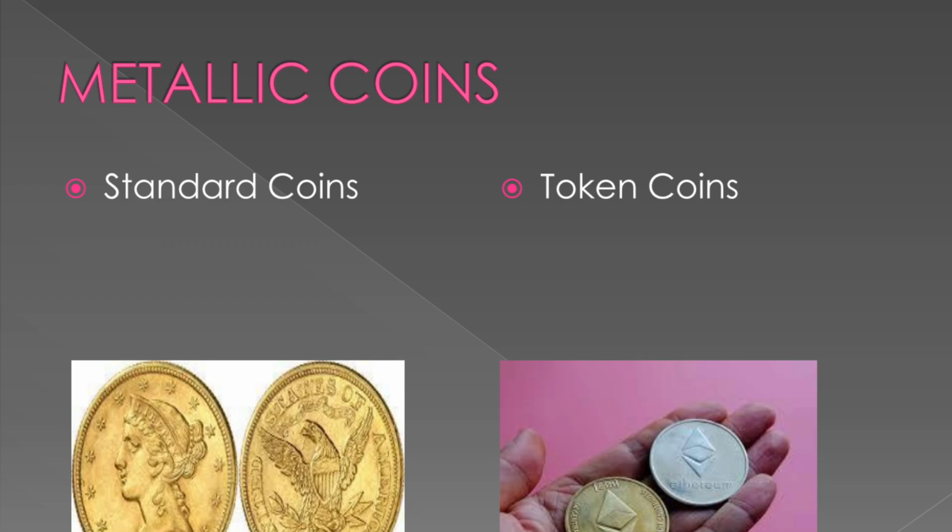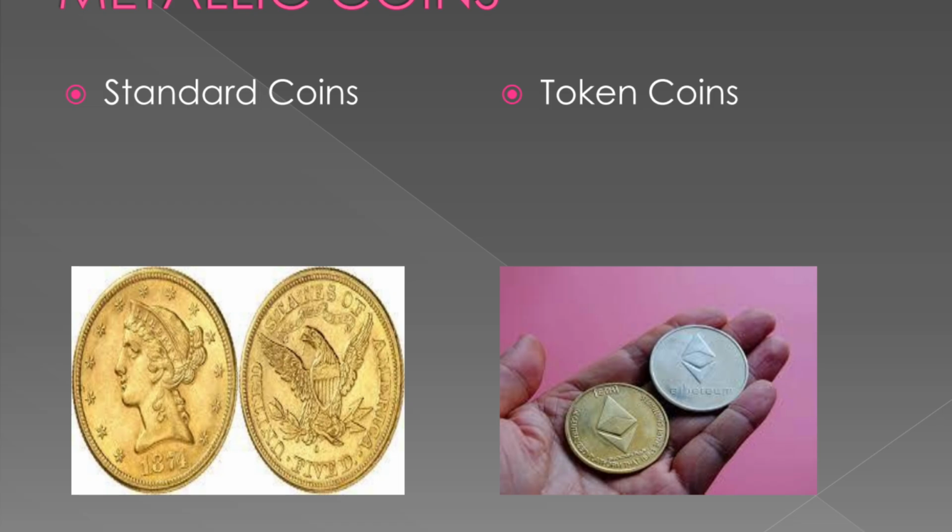Metallic coins are classified under two types: standard coins and token coins. So what are standard coins? Standard coins' face value is equal to the intrinsic value. It means standard coins are made from gold, silver, etc. In other words, the value of the metal used to make the coin is the same as the coin's face value.